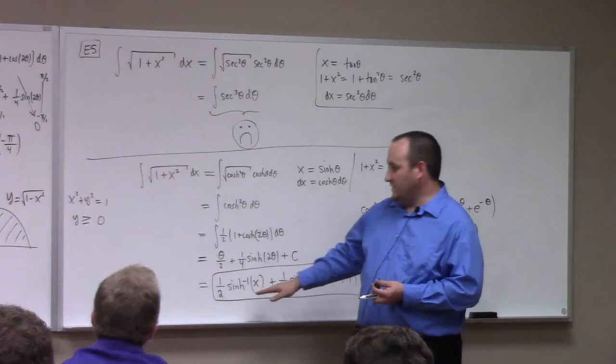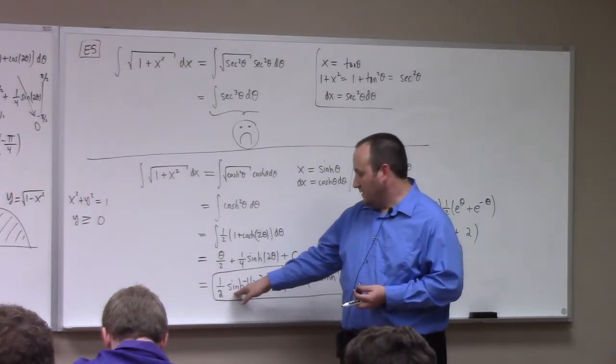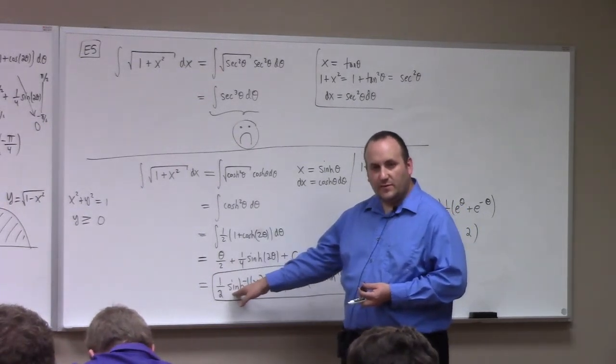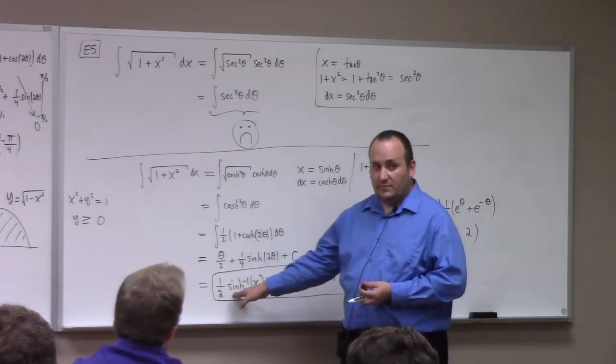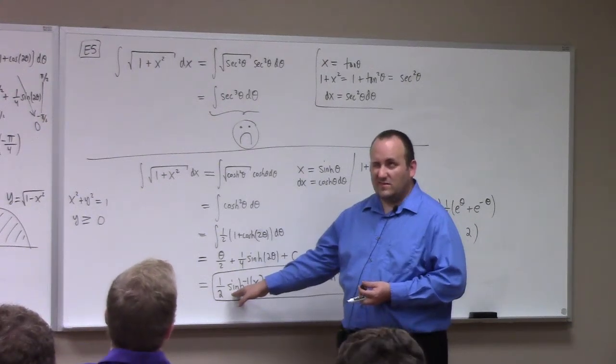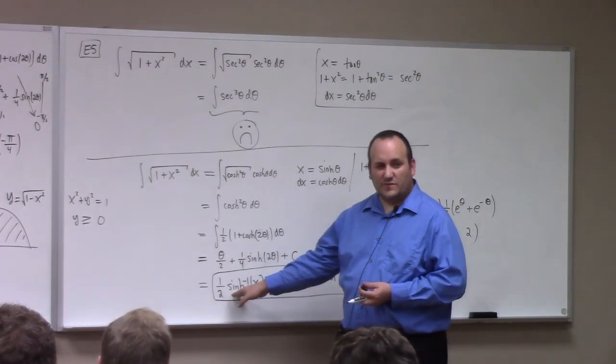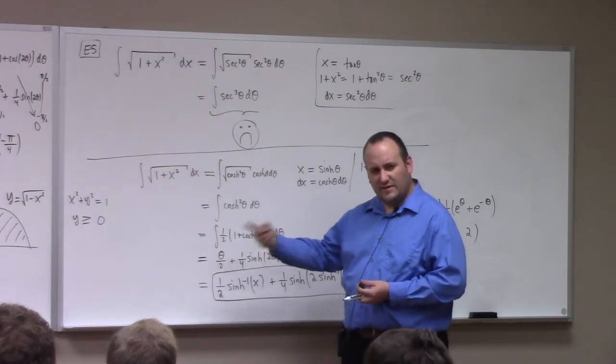But fortunately, we addressed this issue the other day because we learned that you can rewrite inverse hyperbolic sine in terms of a log of an algebraic function. So this can be rewritten as natural log of x plus the square root of x squared plus 1, or something like that.